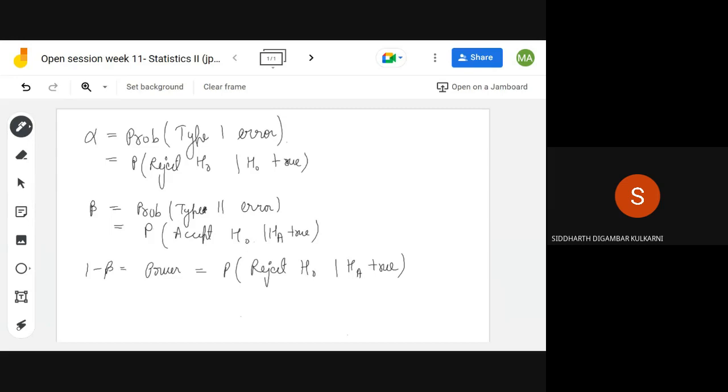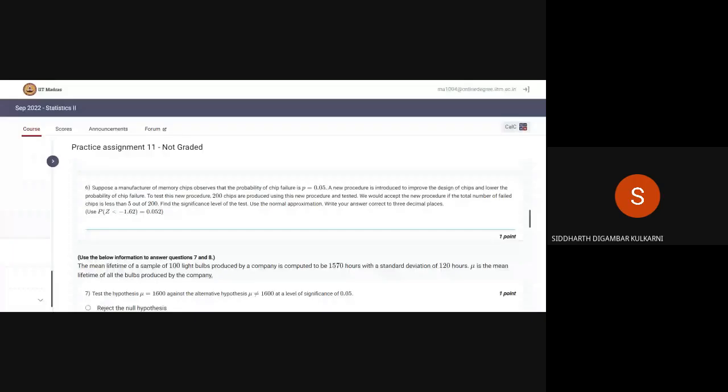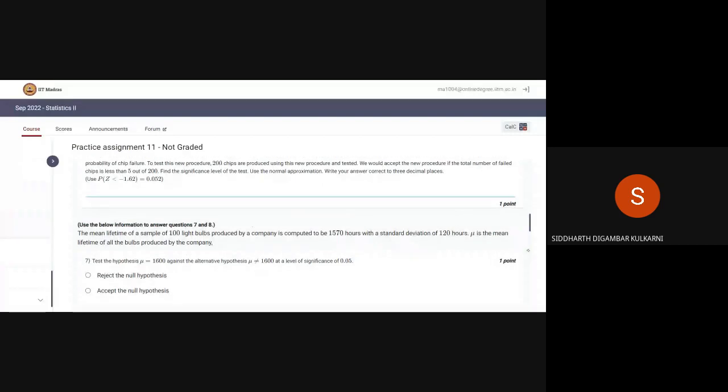In that saturated fat example, we said that H0 is it is equal to 2.4 and HA is it is less than 2.4. Suppose we are rejecting H0, which is it is equal to 2.4. So it can also mean that it is greater than 2.4, can it not?